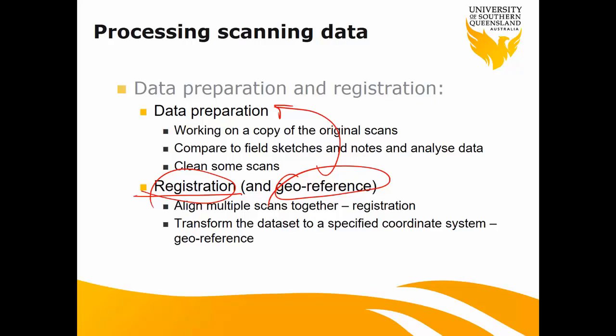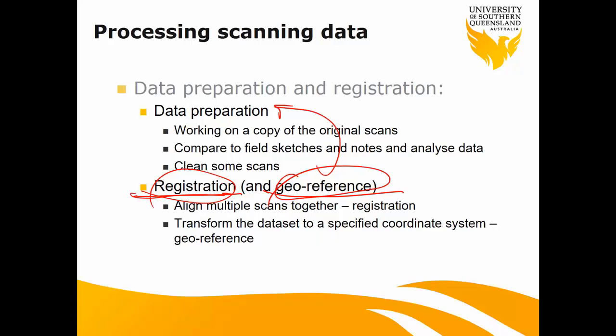Through georeference, we put your scanning data in a specific coordinate system. Sometimes we do registration first, and then, if necessary, georeference as a second step.